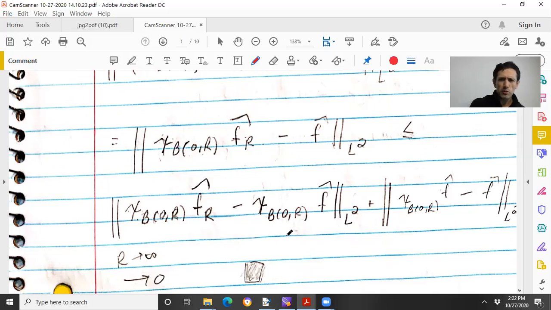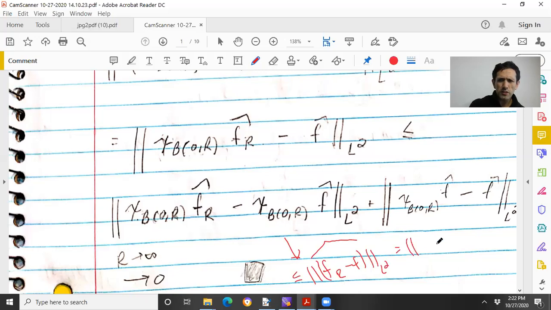So let's just do this one here. Well, clearly I can factor out the characteristic function and pull it out. So this is less than or equal to the norm of the Fourier transform of f_r minus f, whole thing. The Fourier transform again is linear.